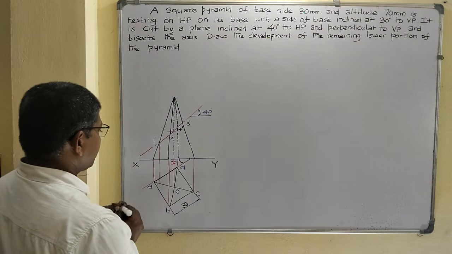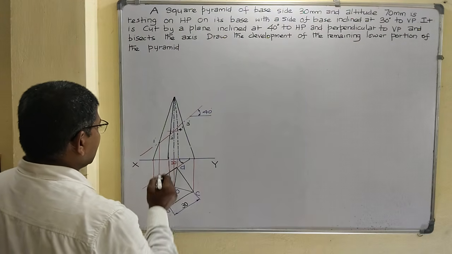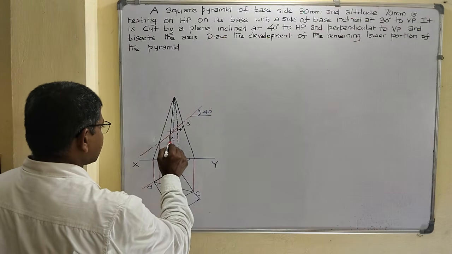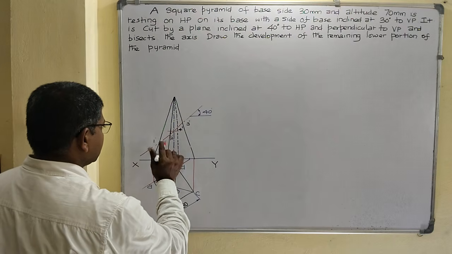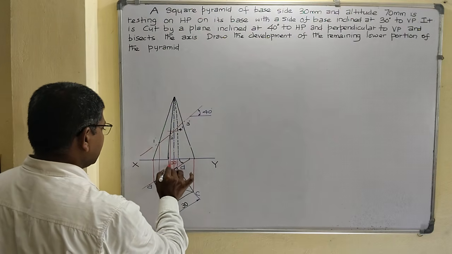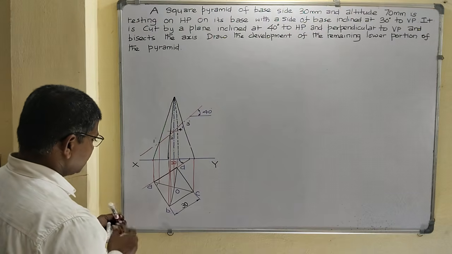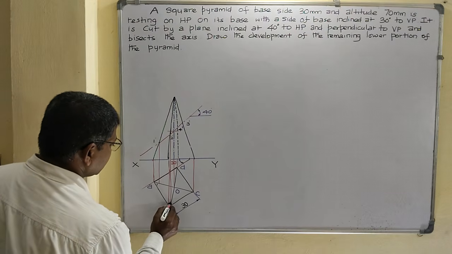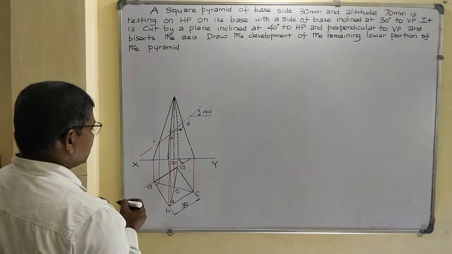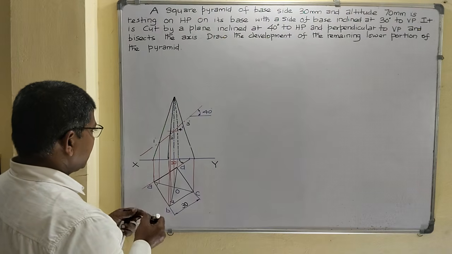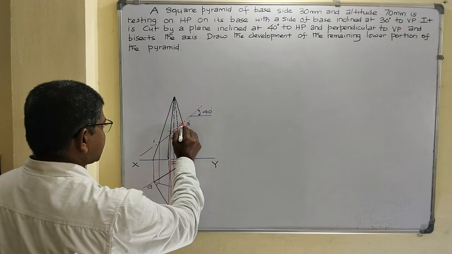Similarly, draw perpendicular line from the 2 dash up to the slant edge OB. Mark the cutting point 2. Similarly, from cutting point 3 dash, draw a vertical line.